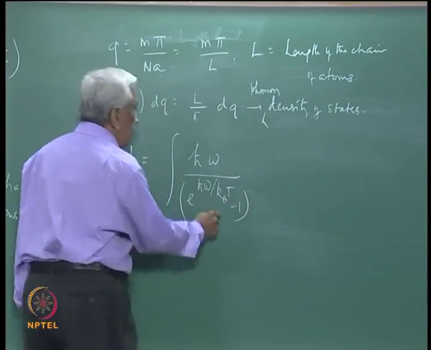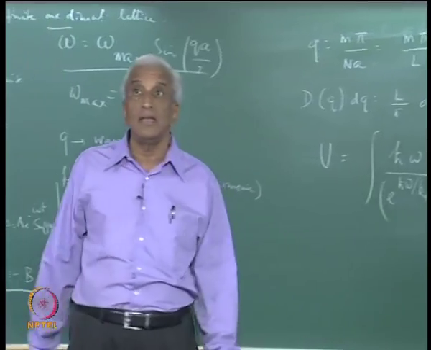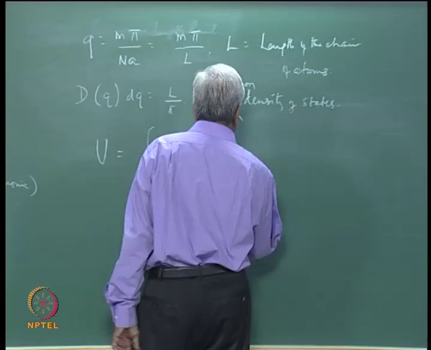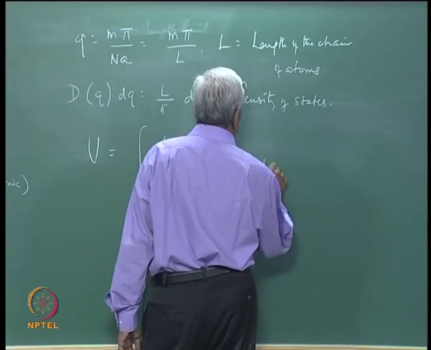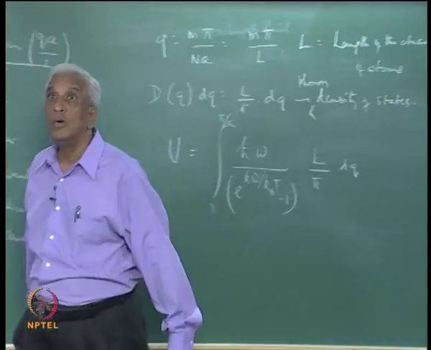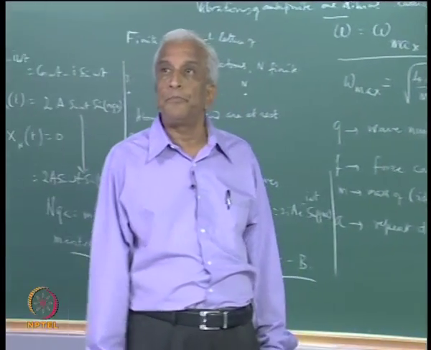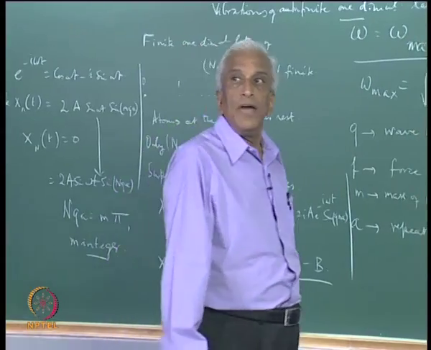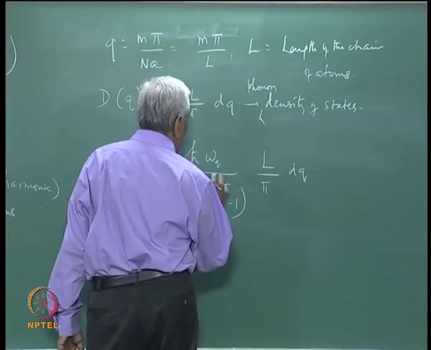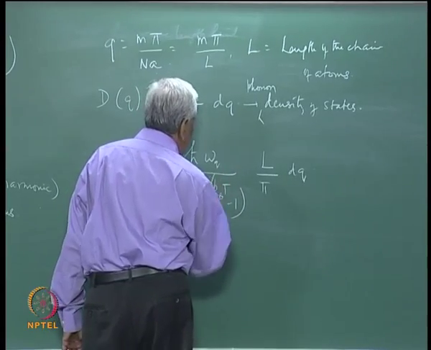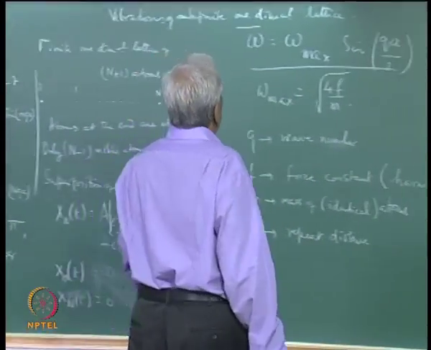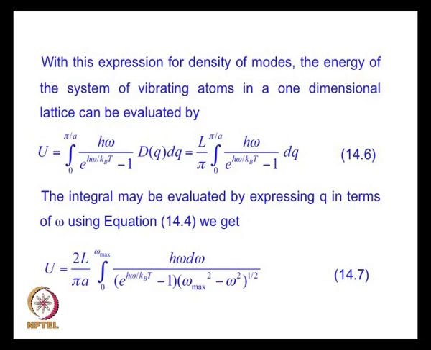This is the average energy which we discussed already in connection with the Debye solid, and then multiply by L by pi dq and integrate from 0 to pi by a, where this is omega q, and omega q is related to the dispersion by this, therefore replacing that.